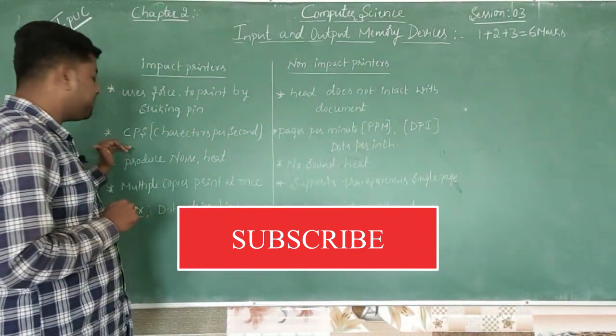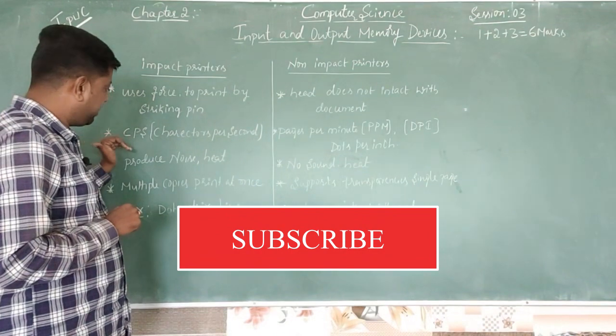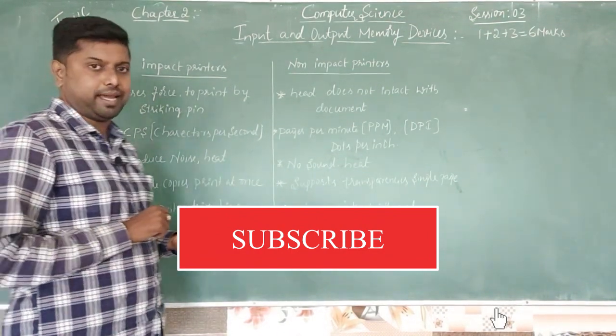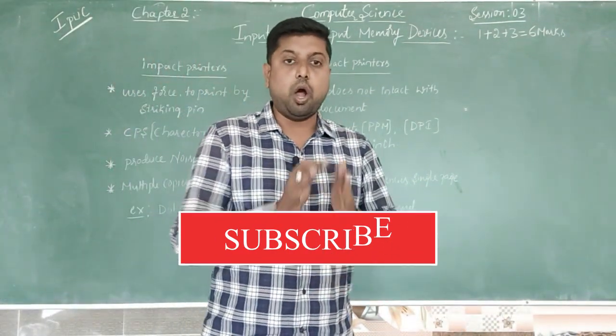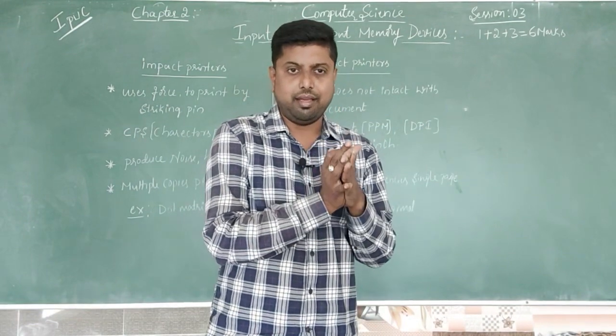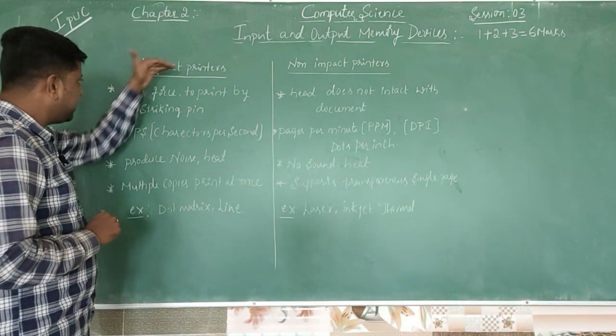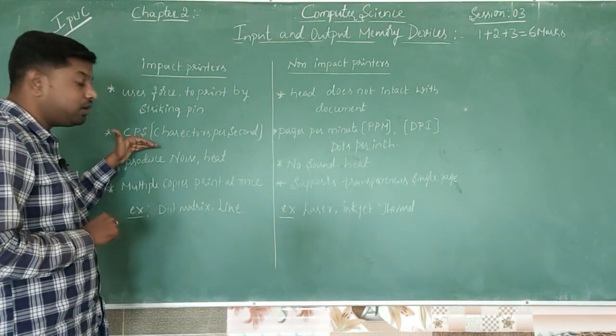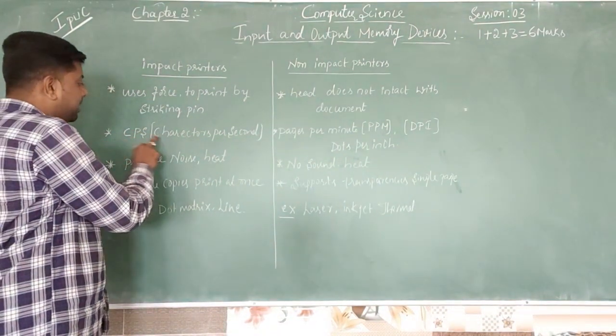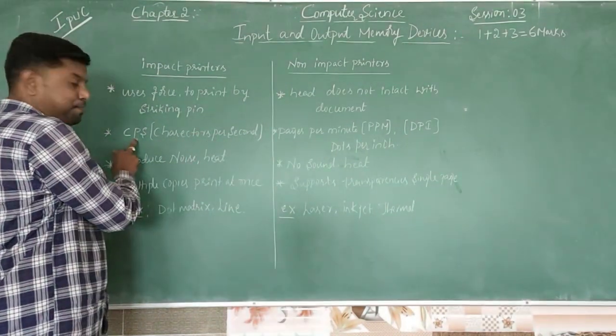Then, how many characters per second the printer will print, how to calculate the speed and all these things: in the impact printer we calculate in characters per second, CPS.